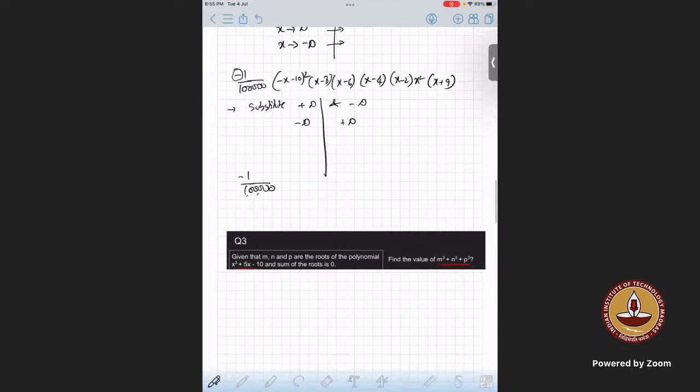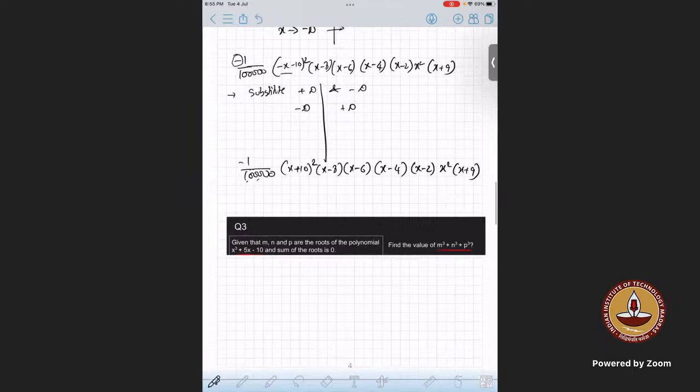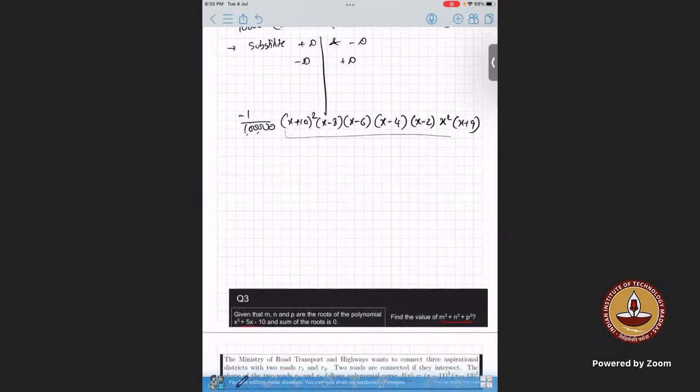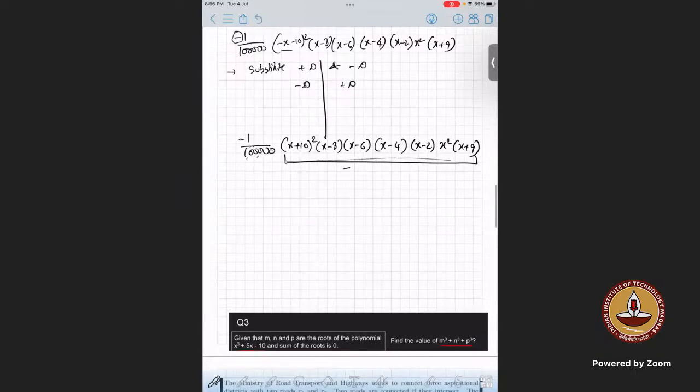Minus 1 by 1 lakh. This can be written as x plus 10 whole square, minus, x minus 8, x minus 6, x minus 4, x minus 2, x square, x plus 9. If you substitute x tends to infinity, all this becomes plus infinity.